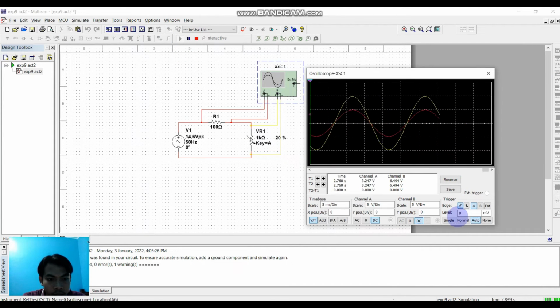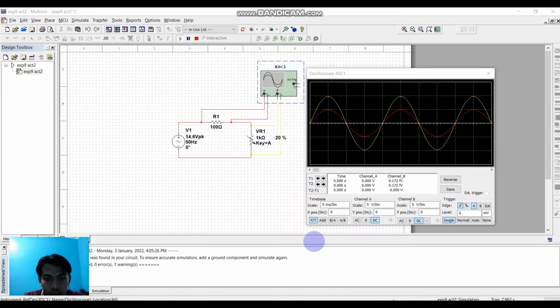So here are the waveforms for both R1 and VR1. The red one represents the R1 waveform, while the yellow one indicates the VR1 waveform. We can see that the VR1 has a higher voltage than the R1. To calculate it, we need to see the scale.